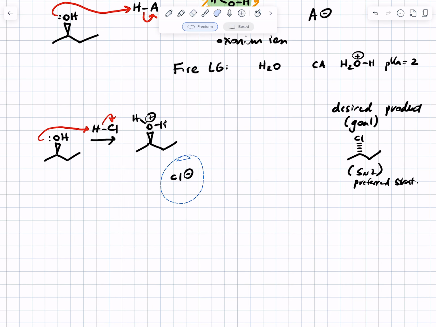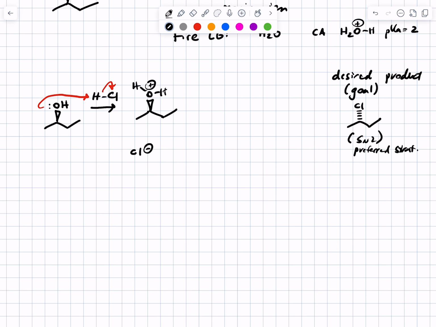Decent idea, but it turns out that what we actually observe, instead of the preferred SN2 product, as products are both the desired stereoisomer and the undesired stereoisomer, which tells you that the mechanism had to be what?